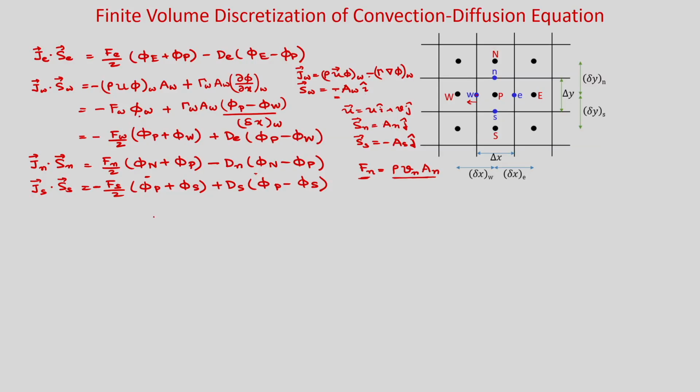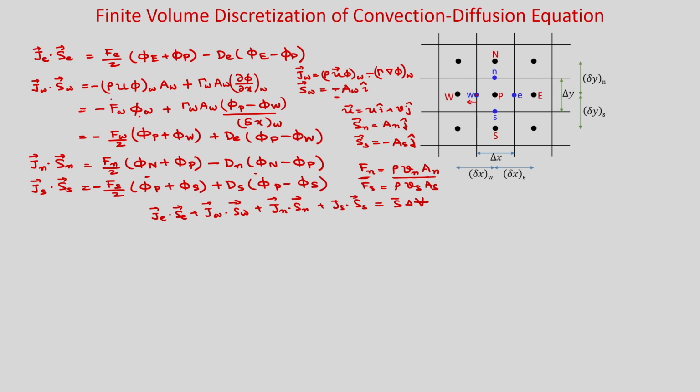So, we have J_e dot S_e, where F_s will be rho V_s A_s. Okay. Plus J_w dot S_w plus J_n dot S_n plus J_s dot S_s equal to S bar delta V. Okay. So, now let us put all these values.